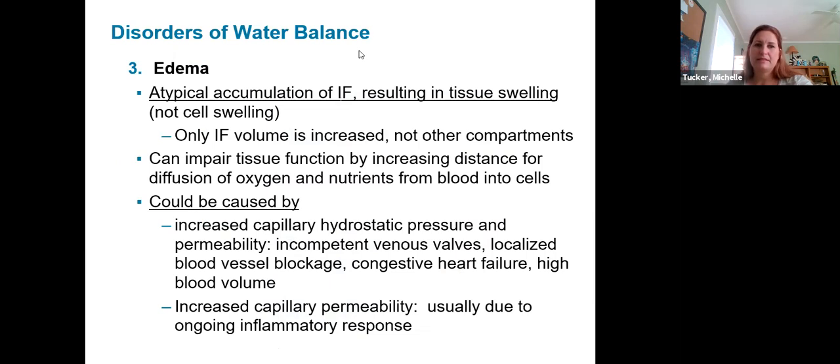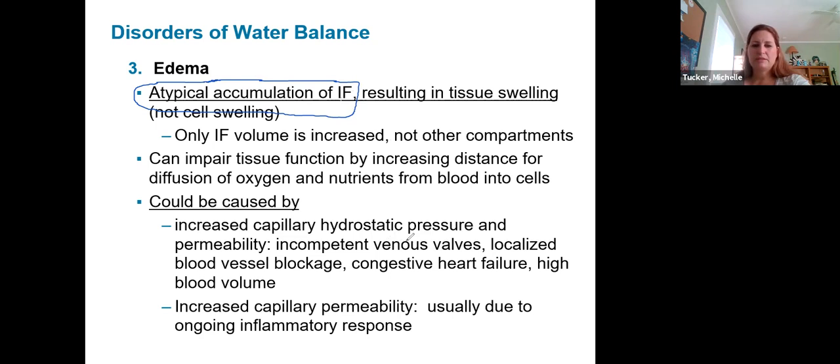Edema is atypical accumulation of interstitial fluid. Normally the extracellular fluid, the interstitial fluid, two components of the extracellular fluid, are usually in balance. But sometimes there is accumulation in the interstitial fluid.